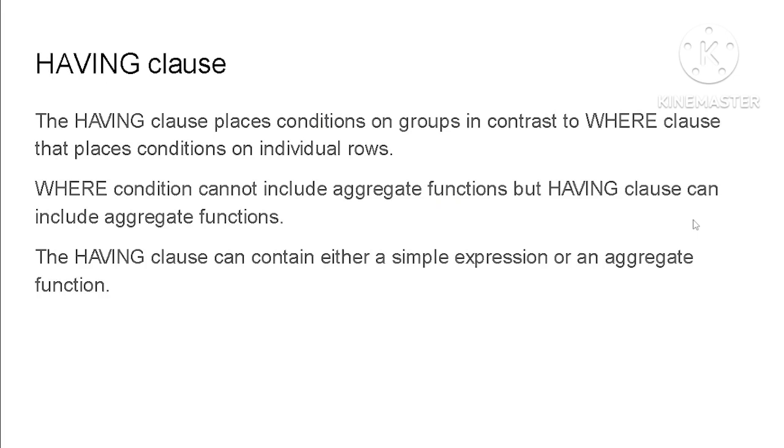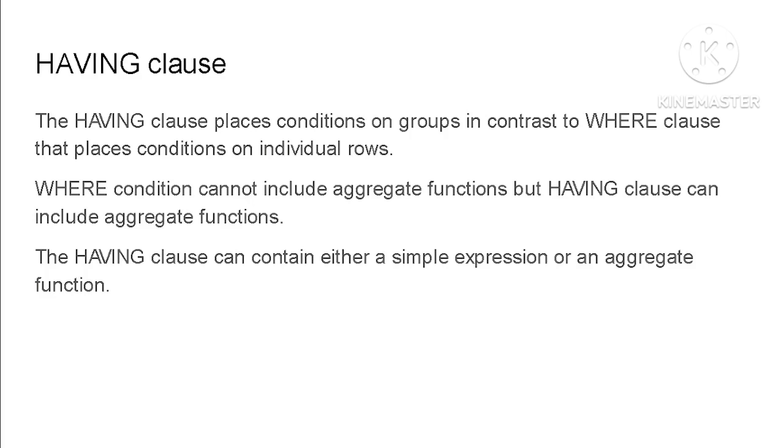Next we have another important clause, which is the having clause. We already have a keyword called where, which is used to fetch records from rows based on a condition. Say for example, select star from employee where department equal to HR. How does this work?